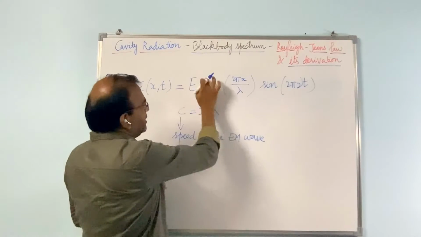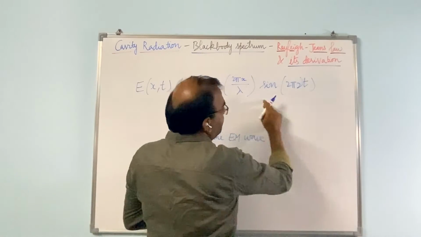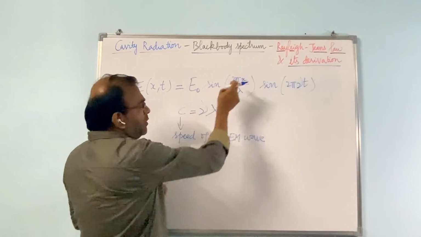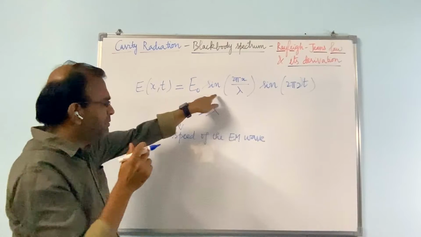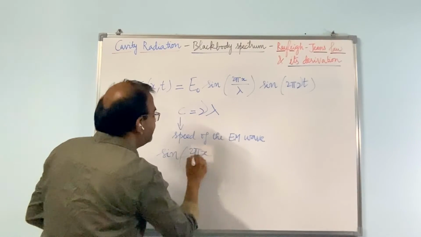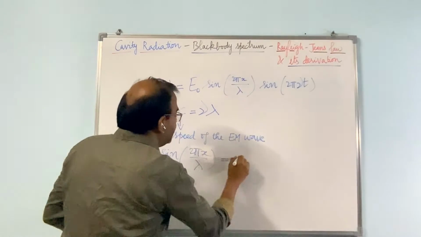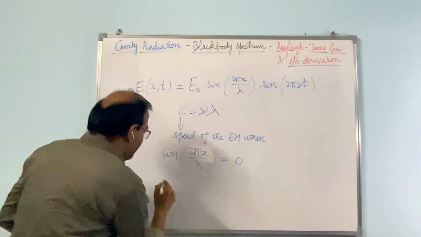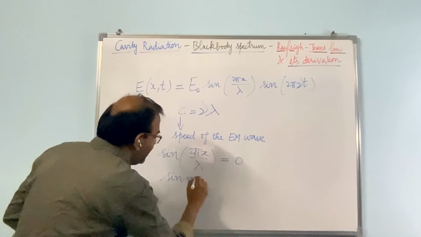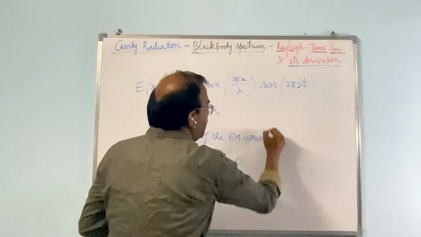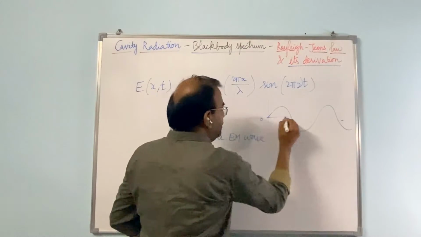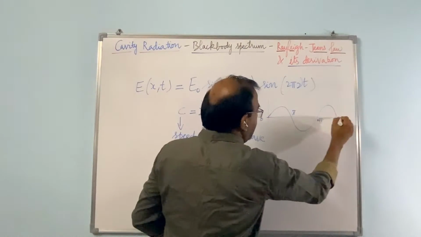We can clearly see that this part cannot be 0 for a given wave, but only this part can be made to be 0. That is, sine of 2 pi x over lambda must go to 0. This will happen when the argument is n pi, since sine n pi is 0. The sinusoidal wave repeats after every pi: 0, pi, 2 pi, and so on.